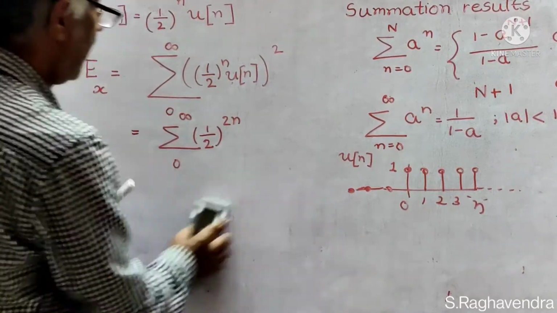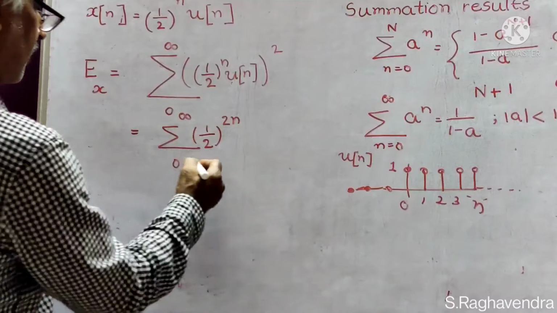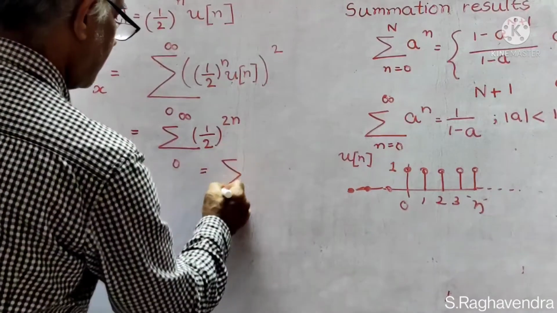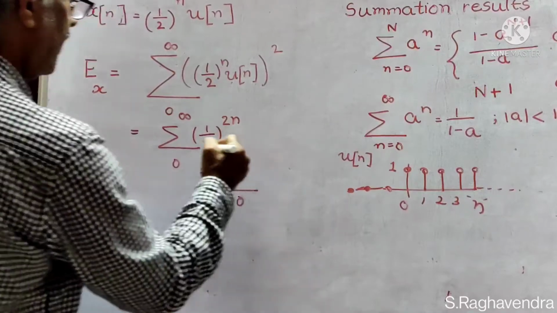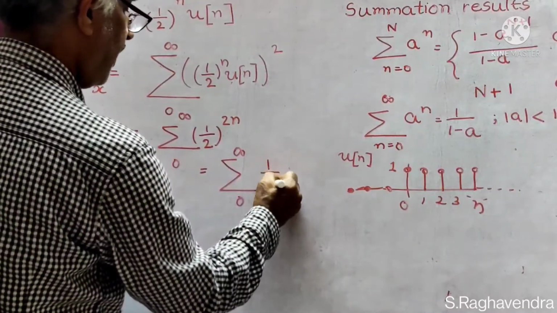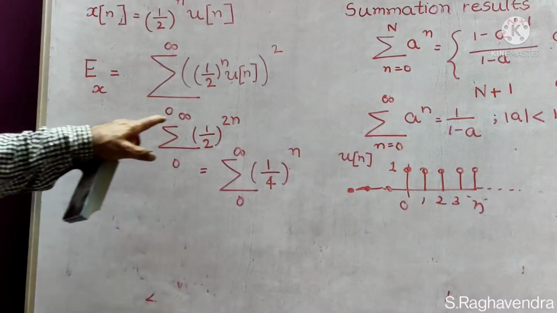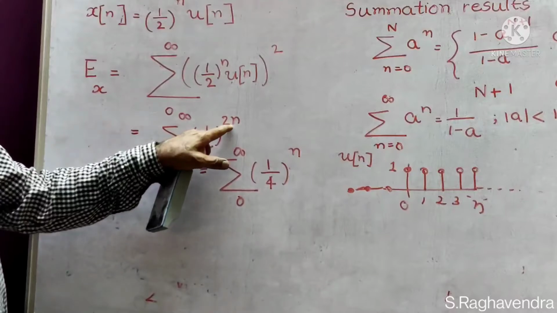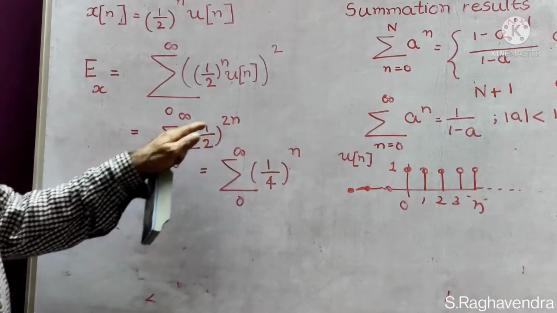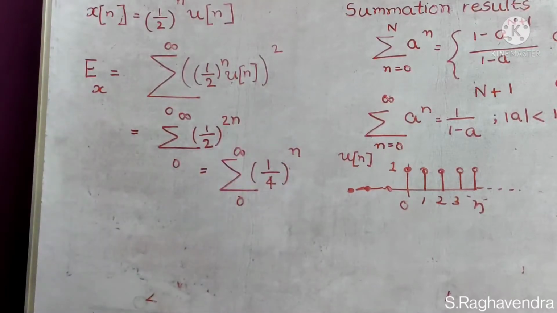So we can write the summation from 0 to infinity of half squared to the power of n. Half squared is 1 by 4, so it is 1 by 4 to the power of n.